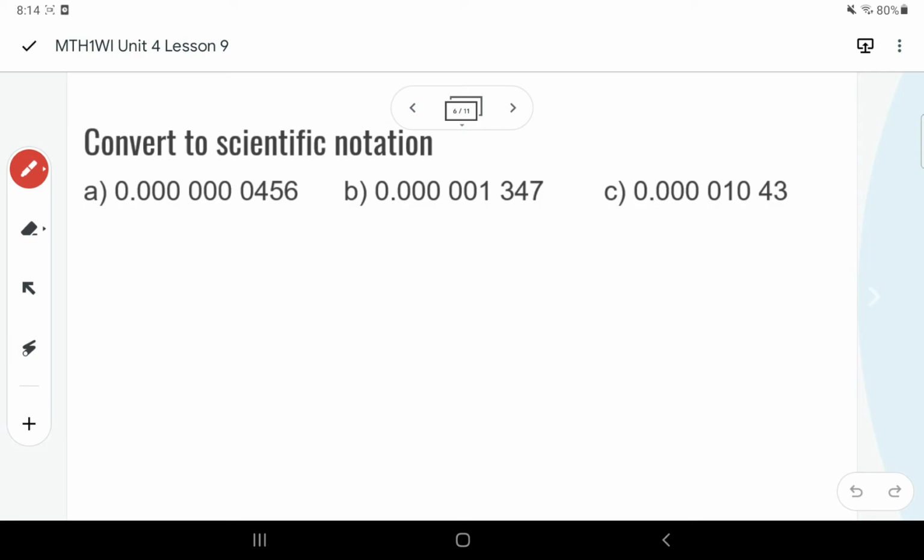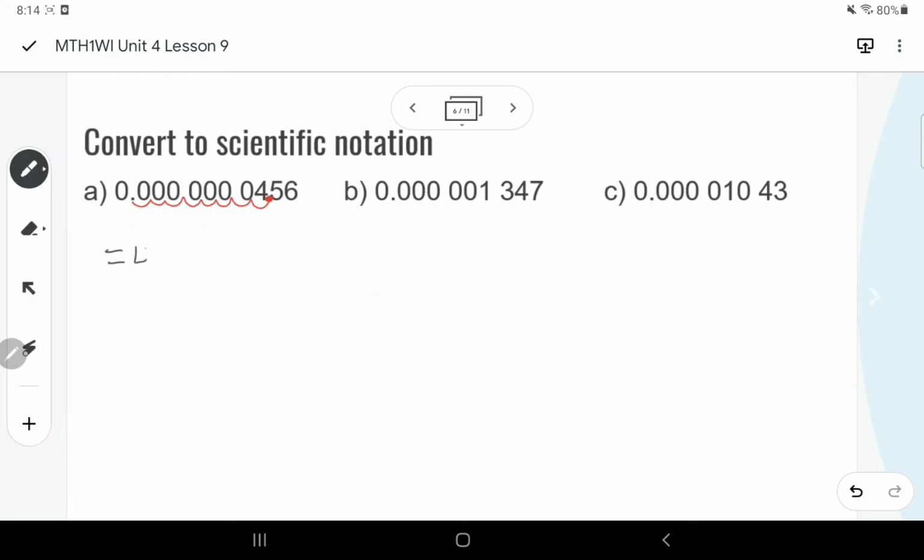So for these ones, if we're converting to scientific notation, we just have to realize that if you're going into very, very small numbers, you're going to have a negative exponent. And then it works very similar to the big numbers. We just count how many steps we move that decimal. So here, 1, 2, 3, 4, 5, 6, 7, 8. And then I want the decimal just after the first digit.